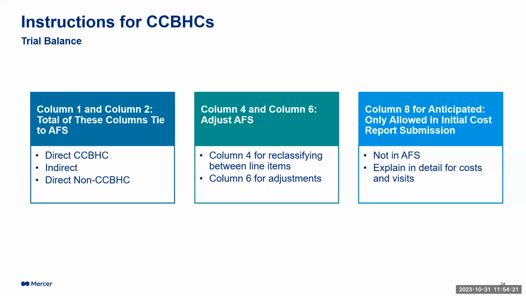Column 4 is going to be zeroed out at the bottom, as we had mentioned, moving from one line to another. Column 6 is going to be increases or decreases for some items that we'll get to in a little bit. And then finally, column 8 is for anticipated costs.